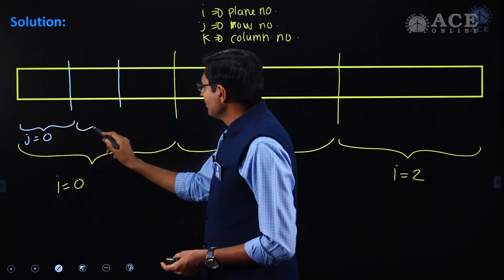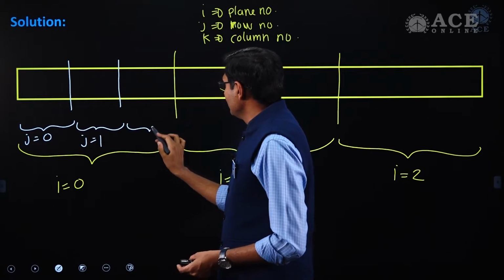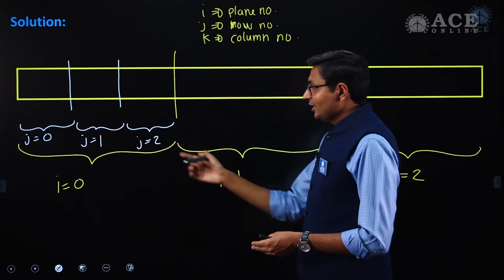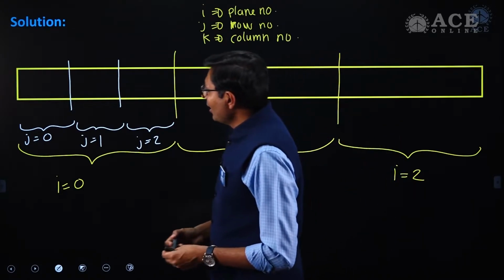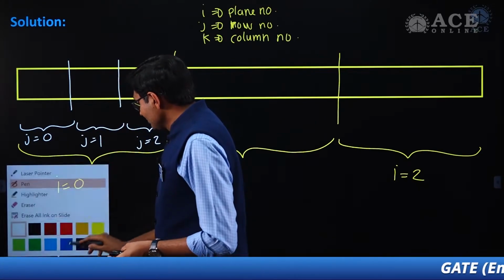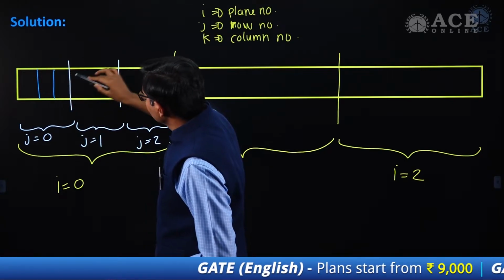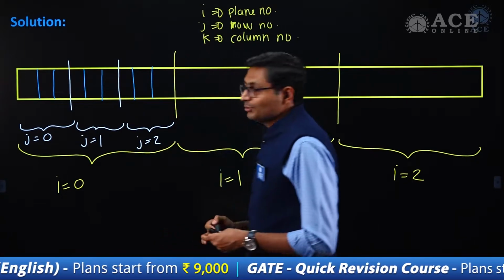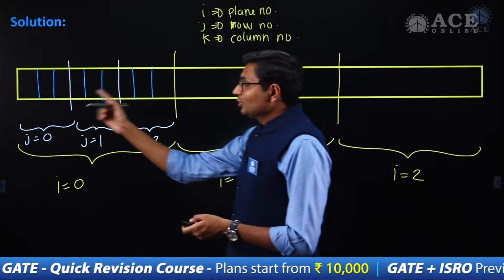Next, j is equal to 1 and j is equal to 2. i, j, right? And in each row we have how many values? We have 3 values, 3 columns, alright? So let me show it by another color. 3 values, 3 values and 3 values. Total 9 values.